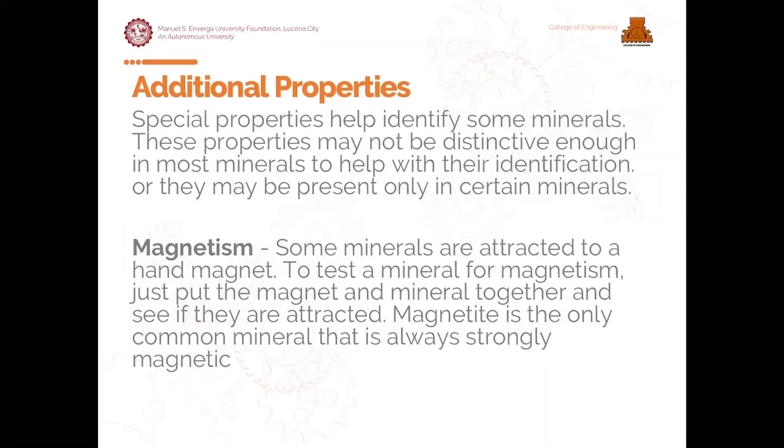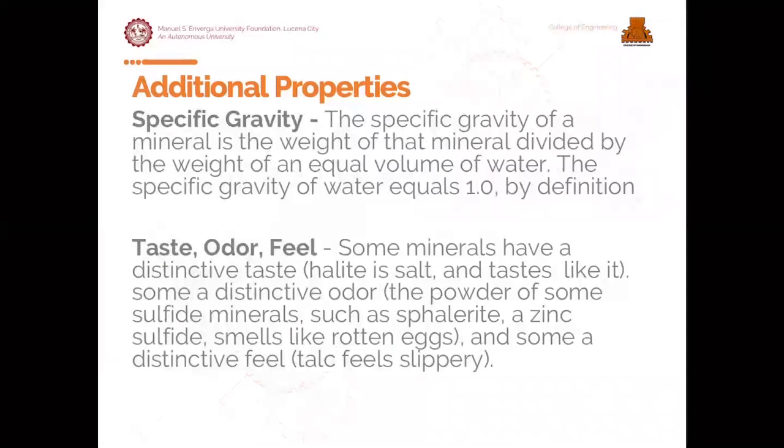So, kapag nag-attract, edi ibig sabihin, mas mataas siyang level ng magnetic property niya. Okay? So, yung pinaka-common daw na mineral na may magnetism is yung magnetite, which is very strongly magnetic. No? So, nag-a-attract siya sa magnet, sorry.